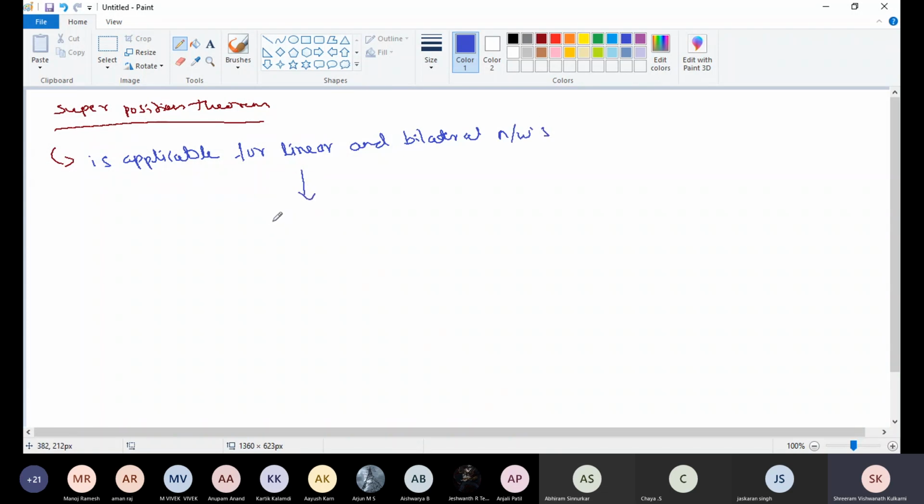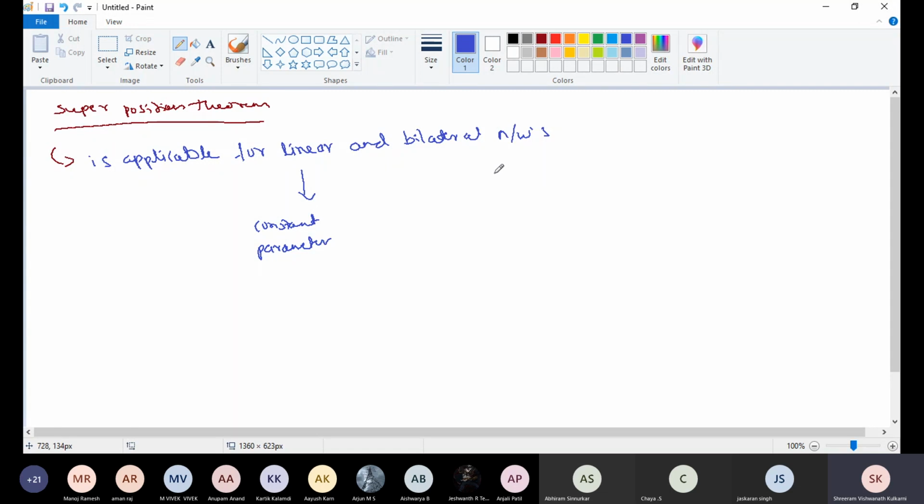Linear means constant parameters, meaning the parameters of the circuit will not change whenever there is a change in the voltage and current in the circuit.